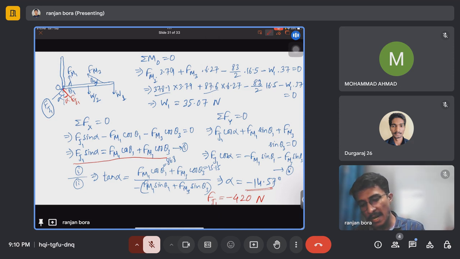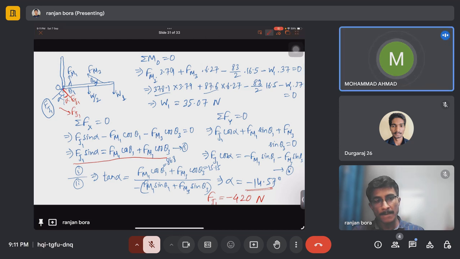That means the direction will also be opposite. Like we have assumed it is acting in this direction, but Fj1 will act along this direction. So is it clear? Yes, sir.